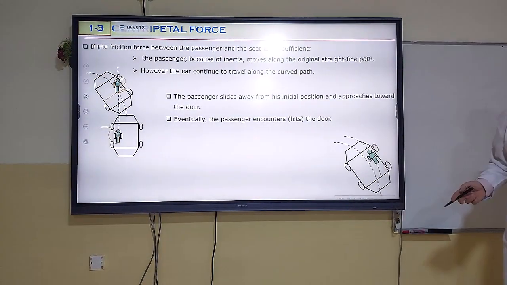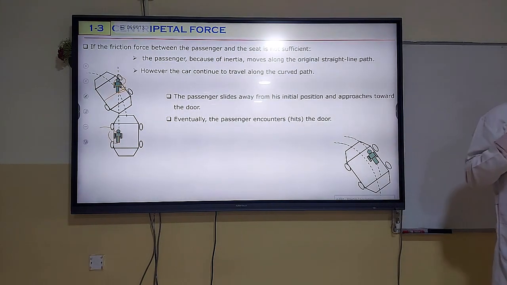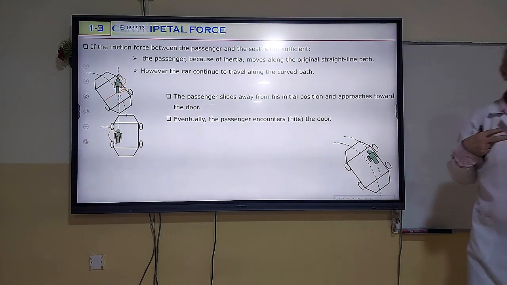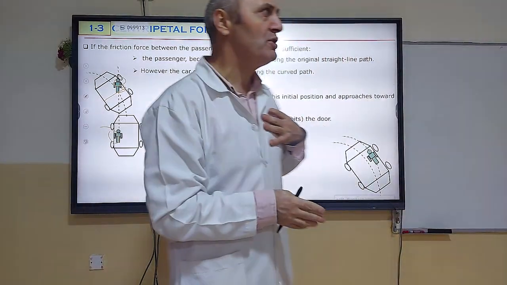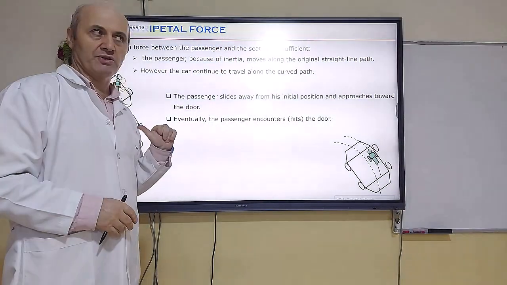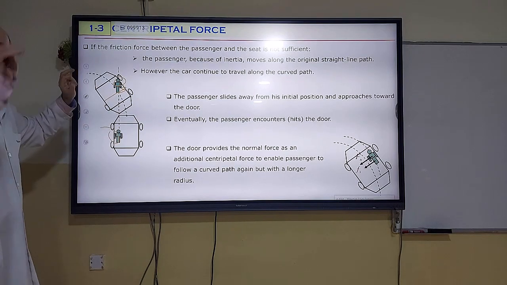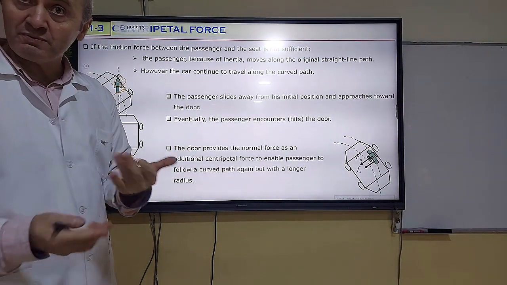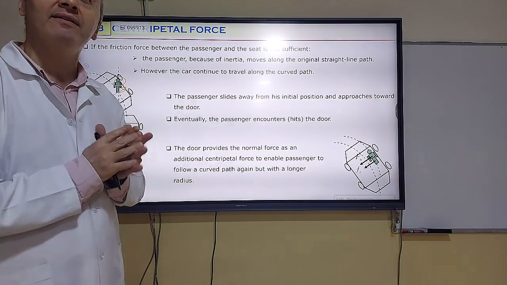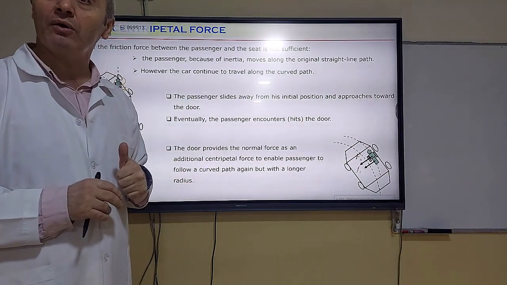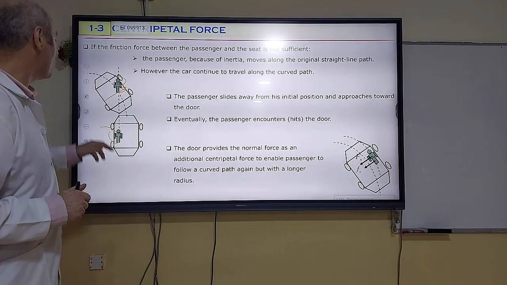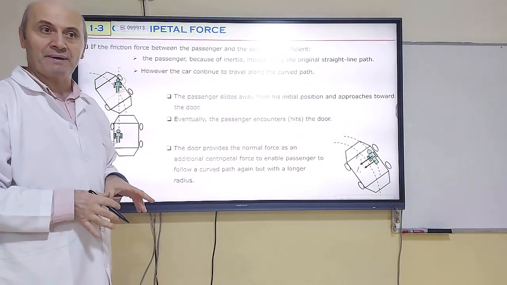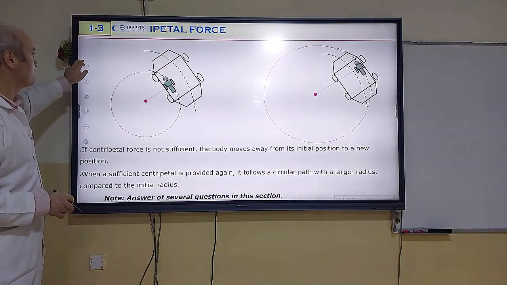In this case, what will happen? A second force will appear on the passenger's body, which is the normal force applied by the wall. The wall is vertical, so this force should be horizontal. Then two forces will be acting on the passenger's body in this case: the static friction force between the seat and the passenger, and the normal force by the wall of the car. So then, it will be enough to keep the passenger in the circular path. Okay.